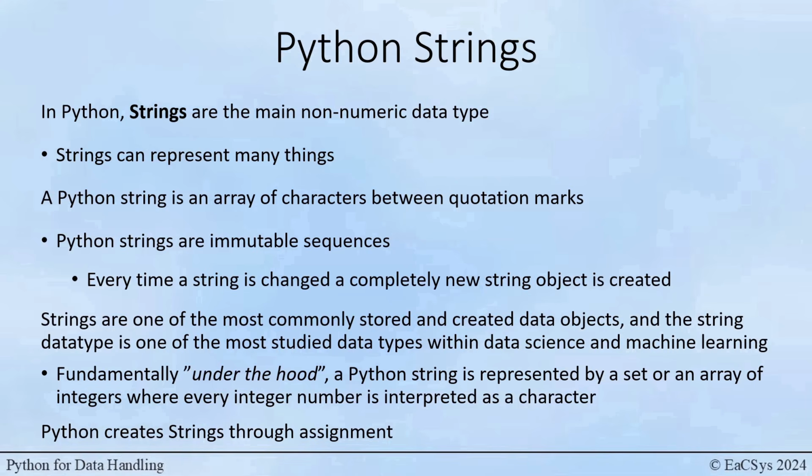As a consequence of Python's definitions of strings, Python strings are immutable sequences, and this means that in practice, every time a string is changed, a completely new string object is created for the new string. So, if you have a string, let's say, "this course is great," and change the string to "this course is the best in the world," then an entirely new string object, "this course is the best in the world," is created, and the old string is removed from RAM.